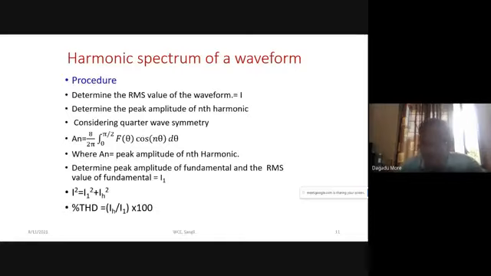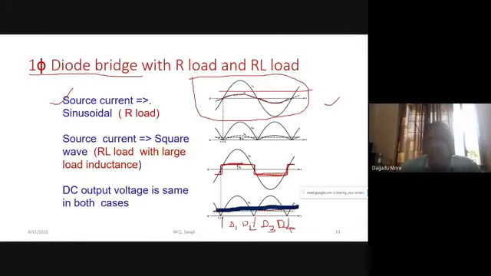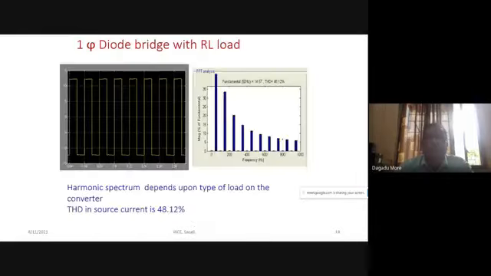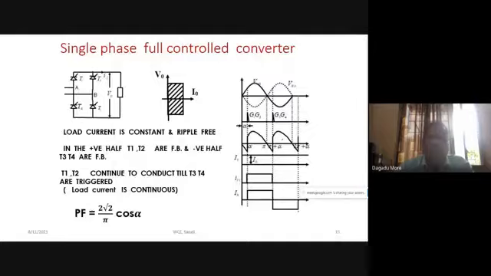Now let us go for the harmonics analysis next time.